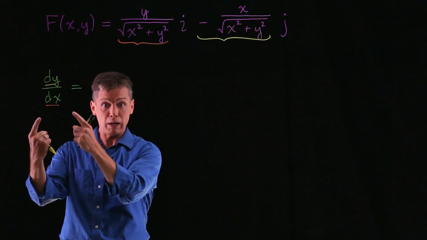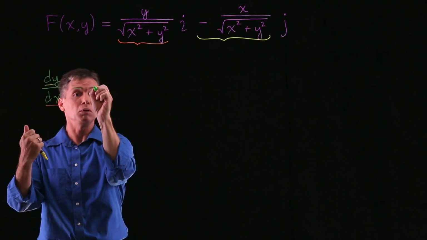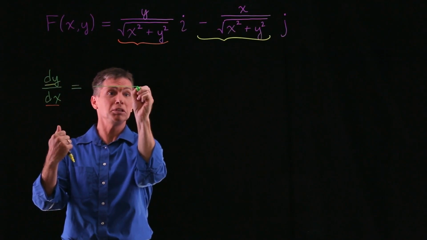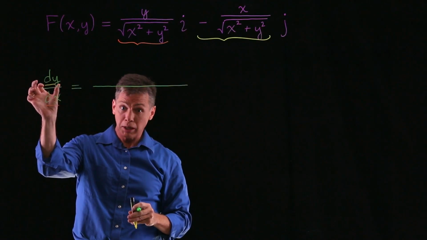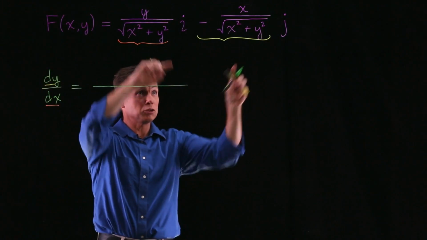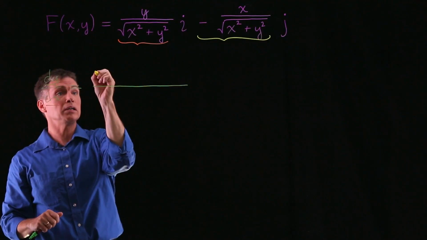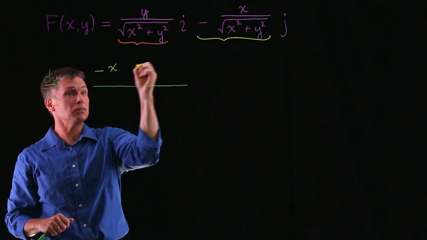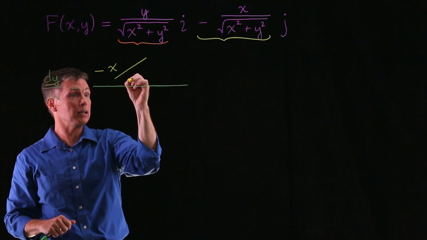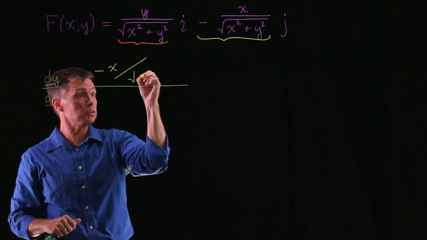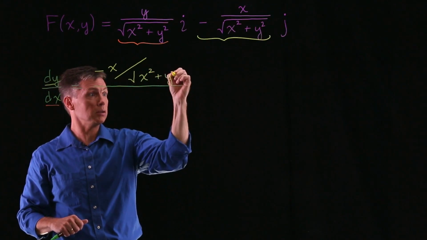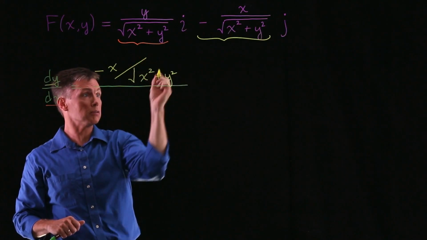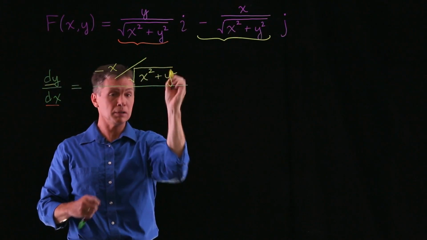So back to my dy dx, this equals one pretty good sized fraction here. I get my numerator by grabbing the dy expression. So that's minus x divided by that square root of x squared plus y squared, all under a radical hat in the denominator there.